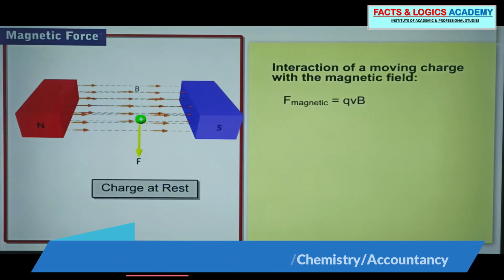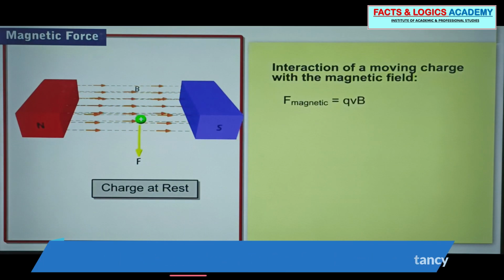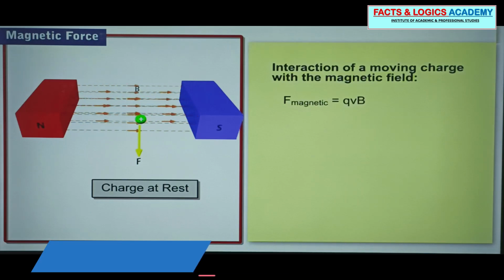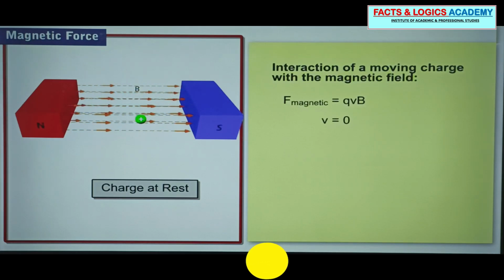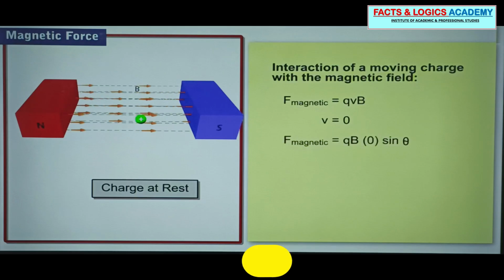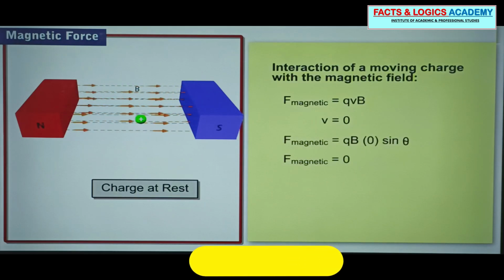If the charge is not moving in the magnetic field, that is, its velocity is zero, then the charge does not experience any force, since F magnetic is equal to zero.